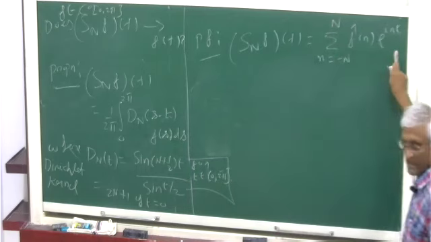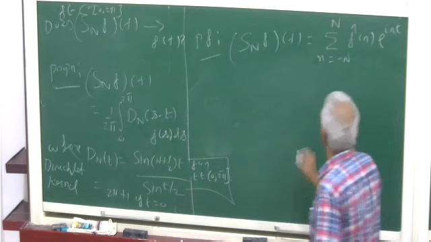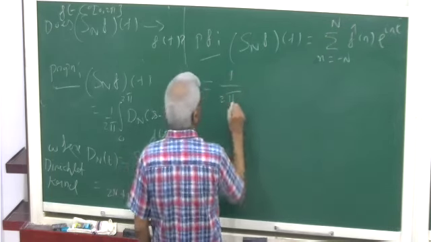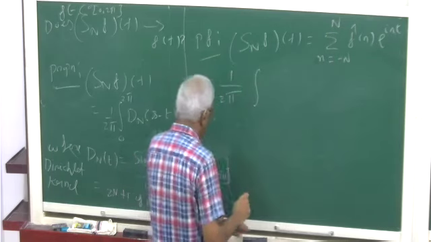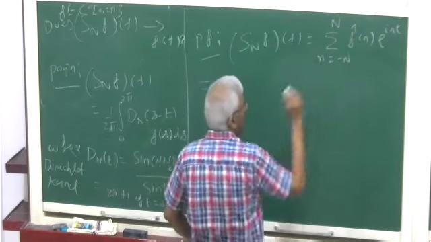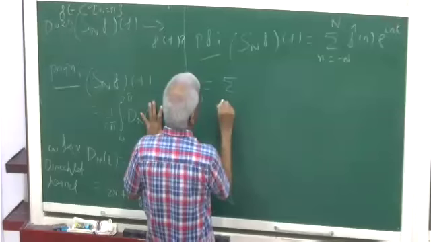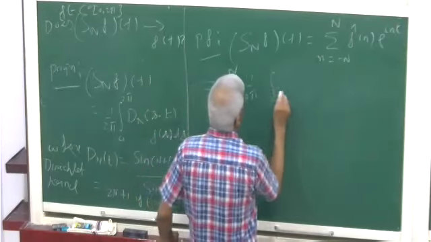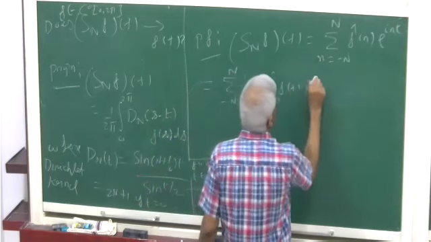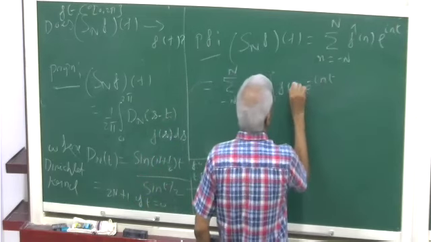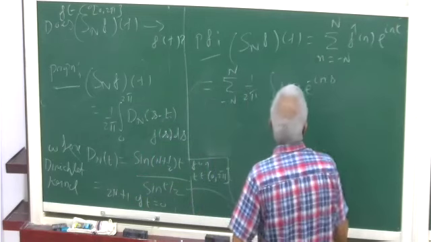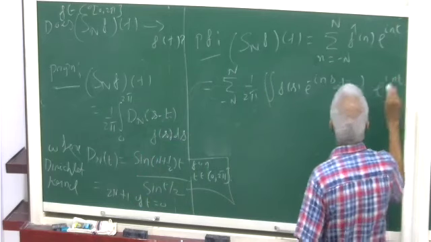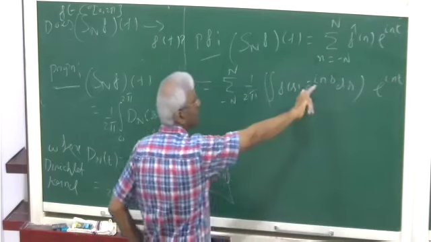e^{iφ} and e^{int} equals 1 by 2π integral. This is just a finite sum. Take the sum inside. Maybe you write it as sum from minus n to n, 1 by 2π, f of s, e^{-ins} ds, times e^{int}.